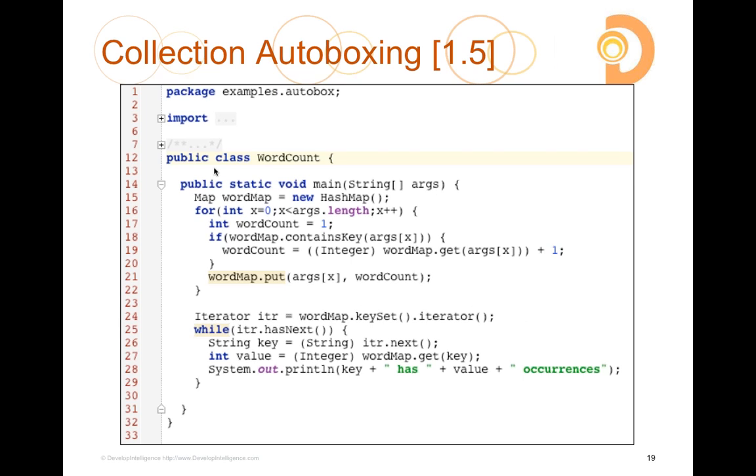The same thing is true if I were to retrieve a value from that hash map. For example, on line 27, remember behind the scenes that hash map now contains an integer object that represents word count. So on line 27, when I call wordmap.get, passing the value for the key, you'll see that it's going to return back to me an integer object.